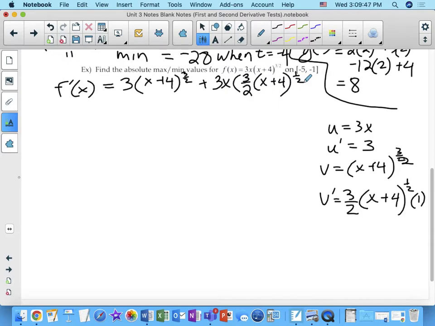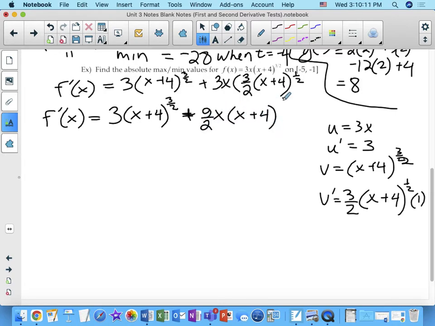And let's see. We're going to have 3 times (x plus 4) to the 3 over 2 plus, what is this, 9 over 2 x times (x plus 4) to the 1/2.